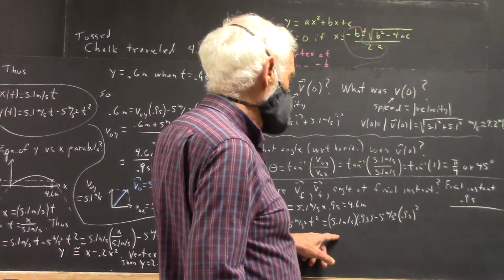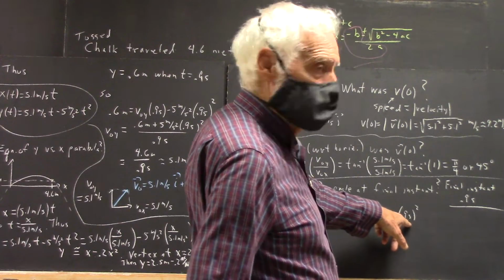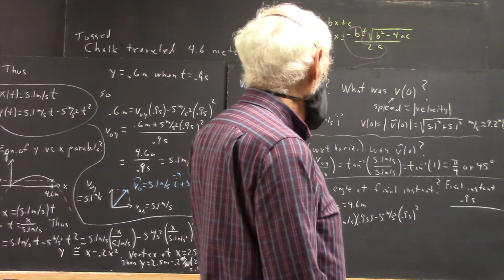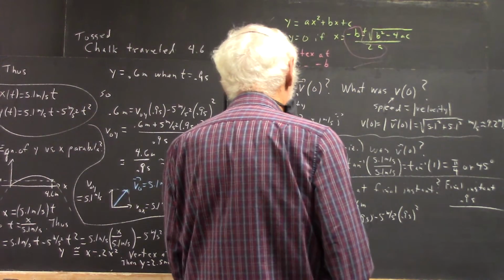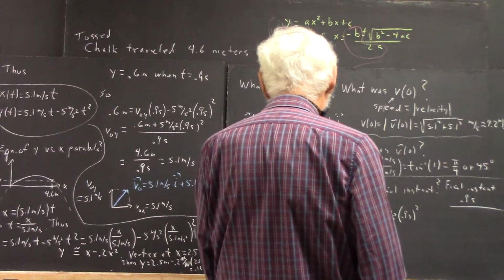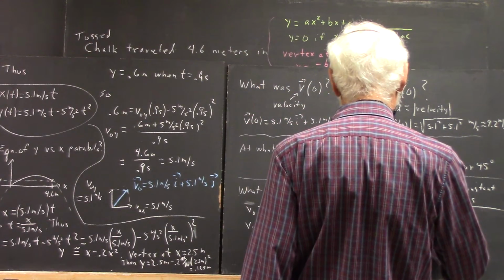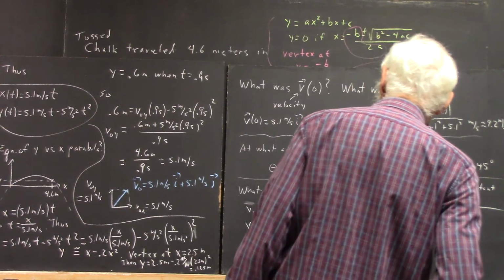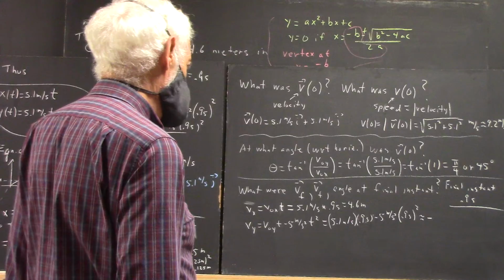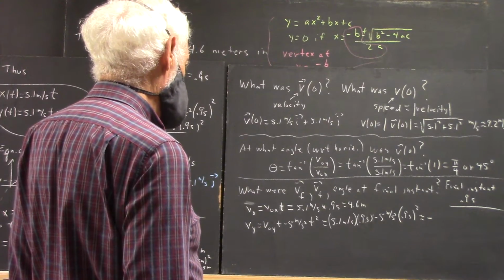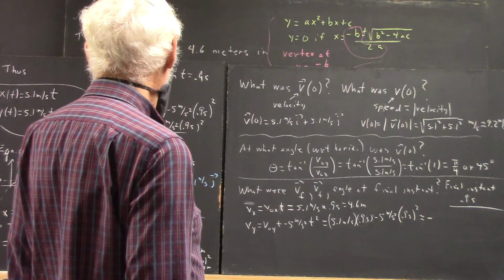Okay, that's going to be 4.6 meters per second minus, well, that's 0.9 squared is 0.81. 0.81 times 5 is a little over 4. So this should be negative. Something's inconsistent here.